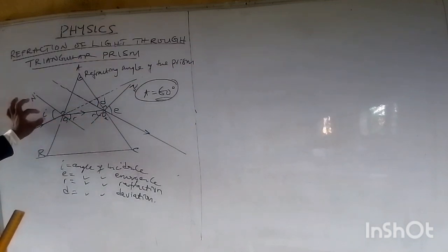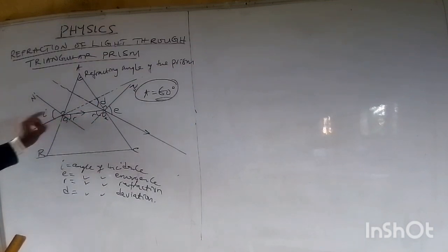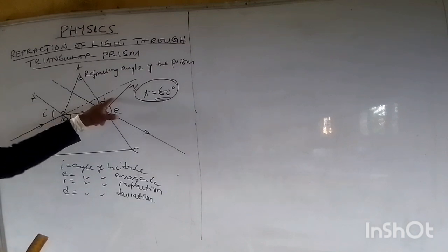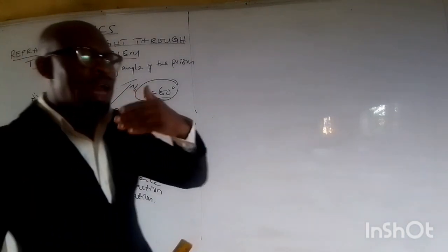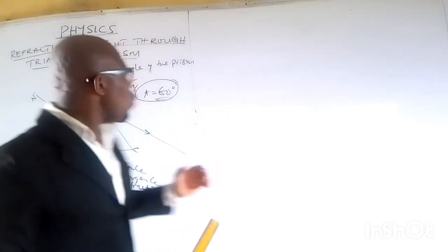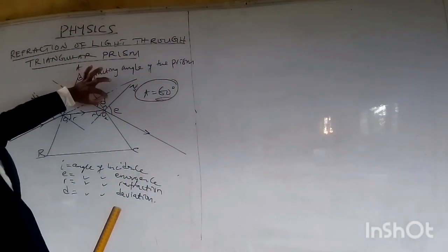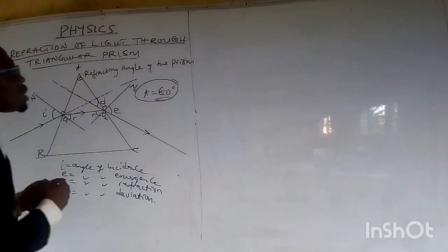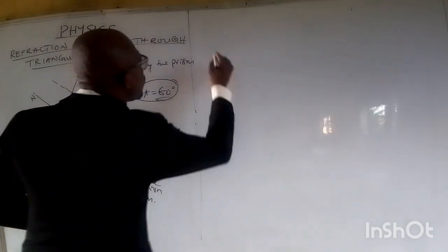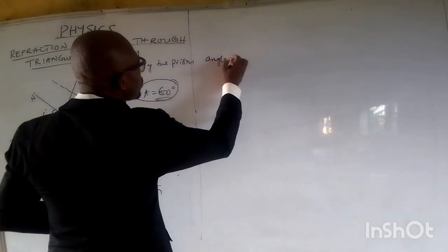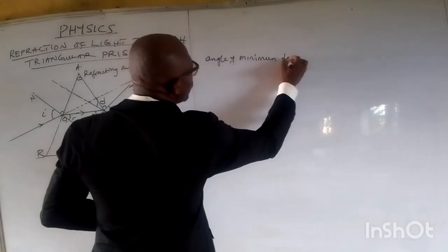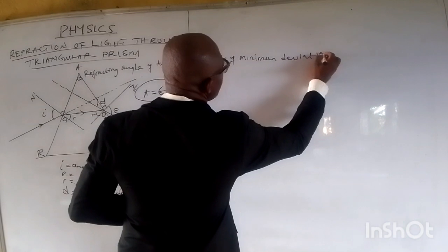As you continue to increase this angle, D will continue to decrease. Now, a particular angle of incidence where the angle of deviation ceases to decrease is known as the angle of minimum deviation.